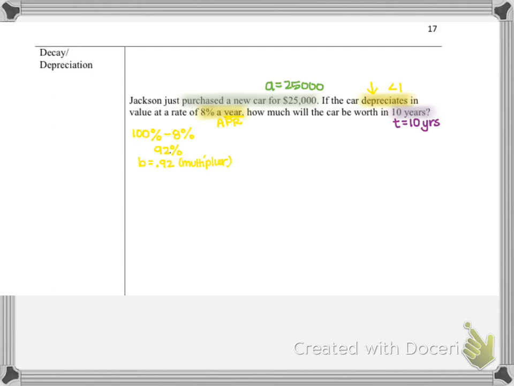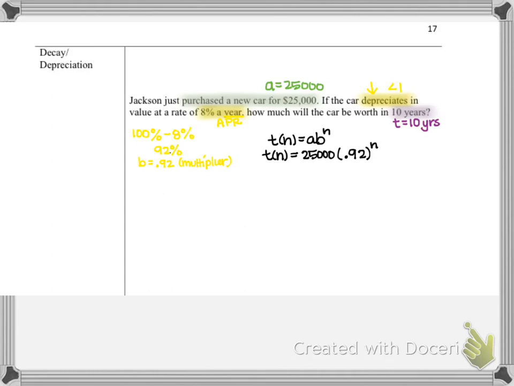All right, I think we're ready now to go ahead and build this equation. All right, so I've got T of n using my equation, a b to the n. Let's plug everything in, and then we'll plug in the time frame in just a minute. So our a is 25,000. Our b that we just found is 0.92.